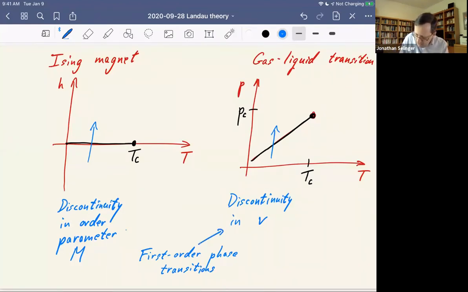This and that. And as you get closer and closer to the critical point, the magnitude of the discontinuity gets smaller. And then when you reach the critical point, the magnitude of the discontinuity goes away. And beyond the critical point, there's no more discontinuity. There's a smooth evolution from one phase to another.